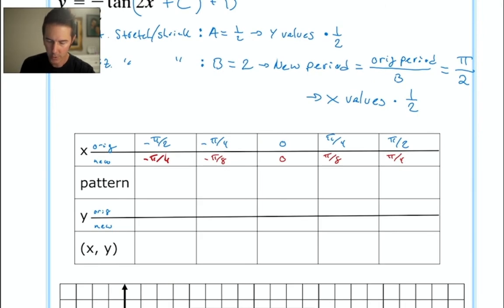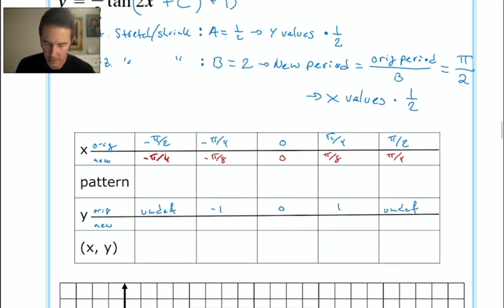And our original y values were undefined. That was our vertical asymptote at -π/2, and then we went to -1, and then to 0, and then +1, and then our right-hand vertical asymptote for that first period. Now, what are we doing to our y values here? Interestingly, coincidentally, I might add, we are halving them. We're multiplying them by 1/2.